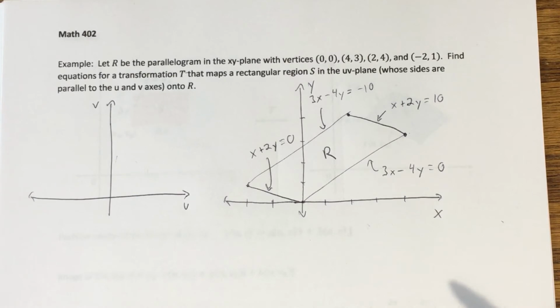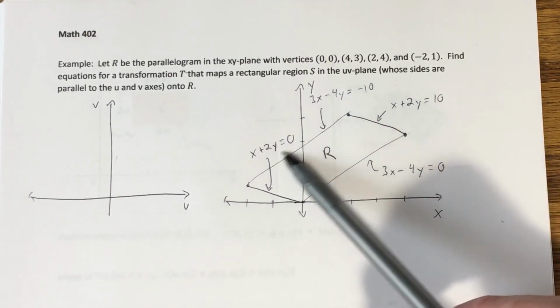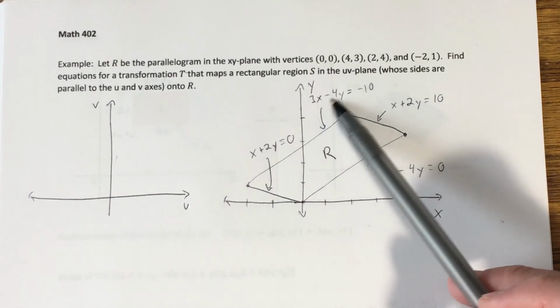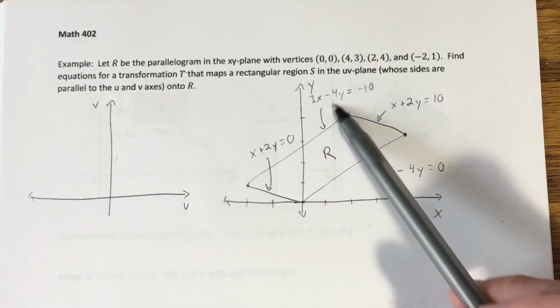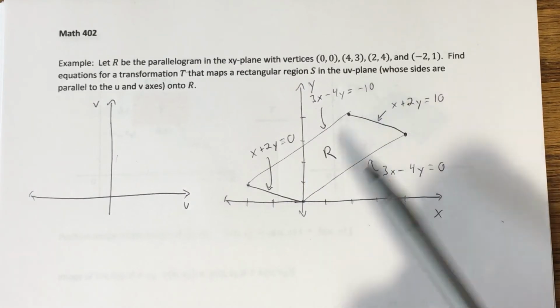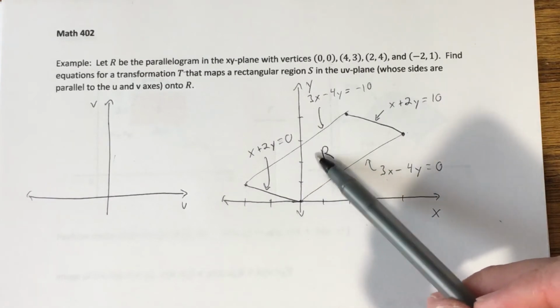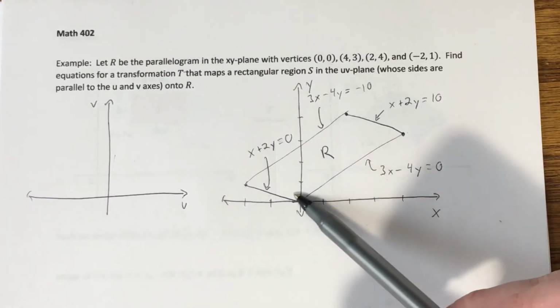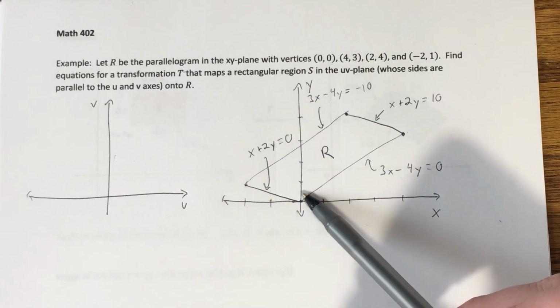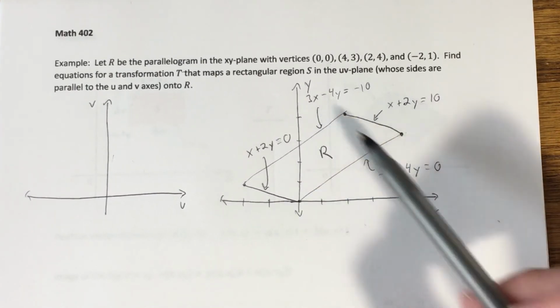Okay, so the way that I'm going to do that, I'm going to take a look at the equations that I have here. You notice 3x minus 4y shows up in a couple of them. That's because these two lines are parallel, but the constant terms are different. So if I were to imagine the points interior to R, I could think of all those points as lying on lines that are parallel to these two.